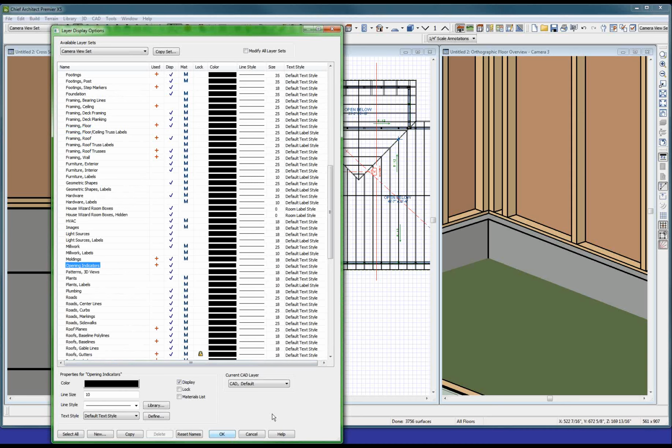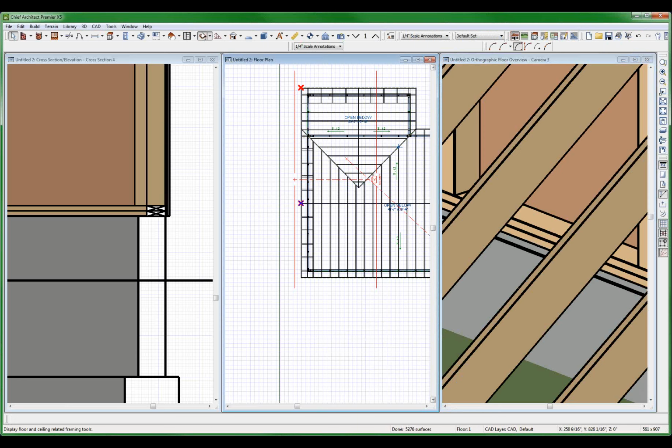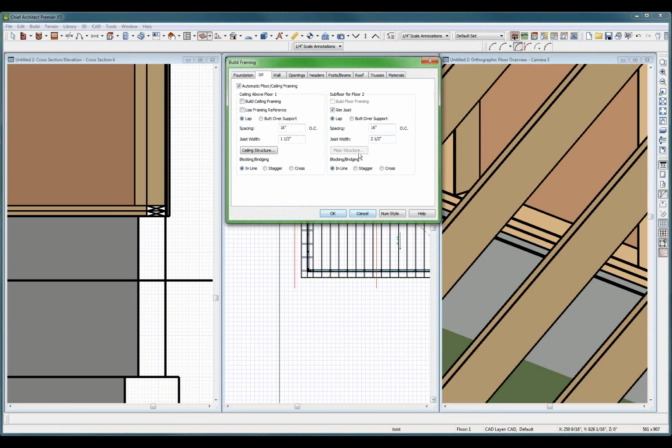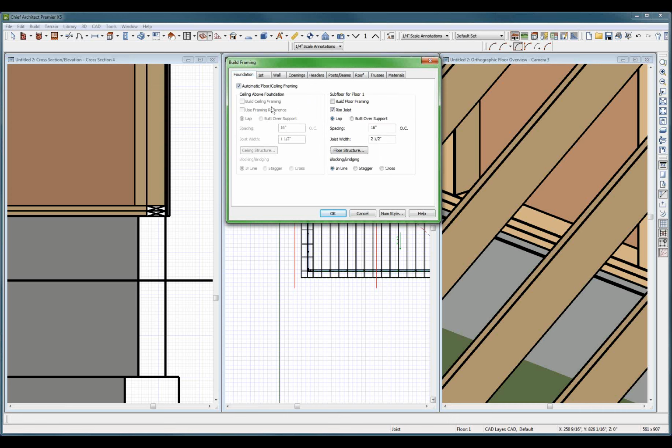Okay. Now you see the double sill. Now let's go over to here and go to openings. Foundation. Now I forget.